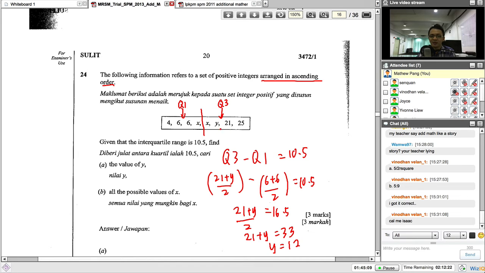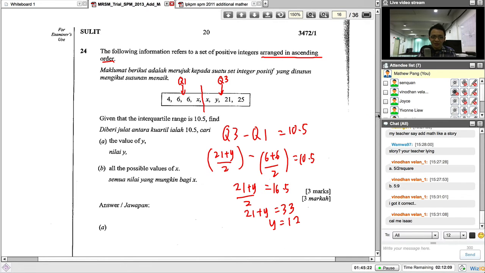Alright, and then it asks you to find a possible value for x. All the possible values of x. Since he said all the possible values, x can be any value between 6 and 12.